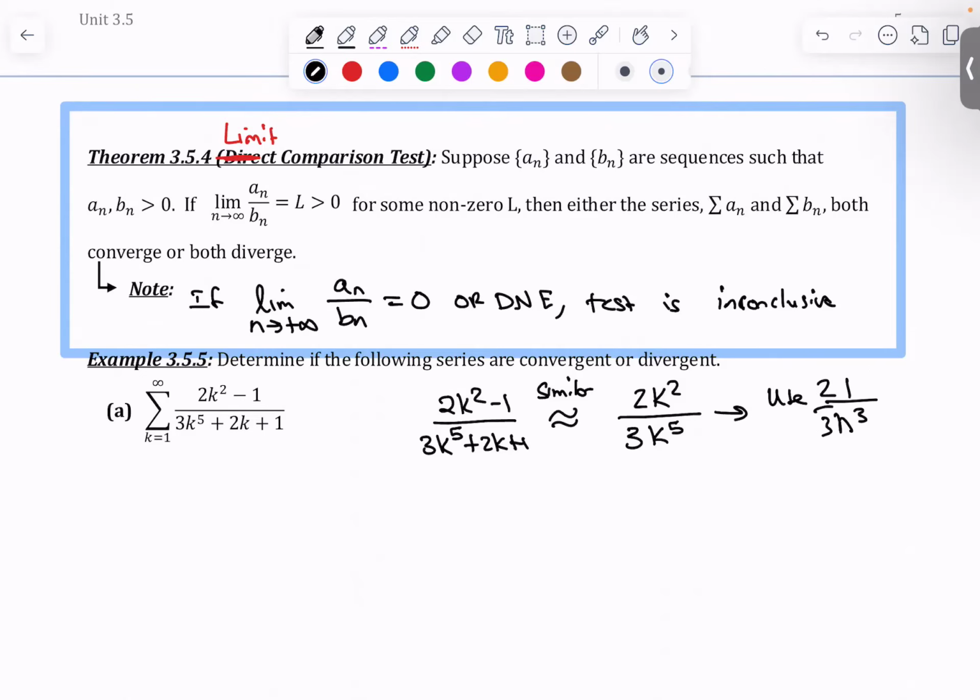As long as we find a finite number, we're good. So 1 over k cubed should suffice. Apologies, I said n earlier. So at infinity, they kind of look like 1 over k cubed.